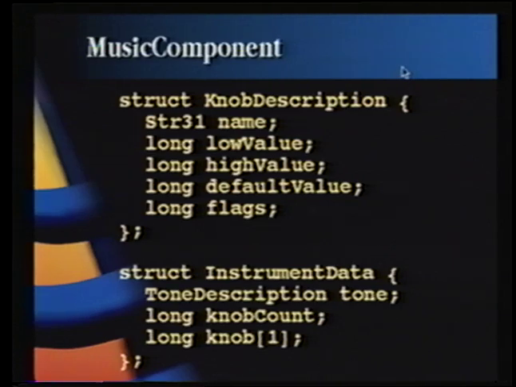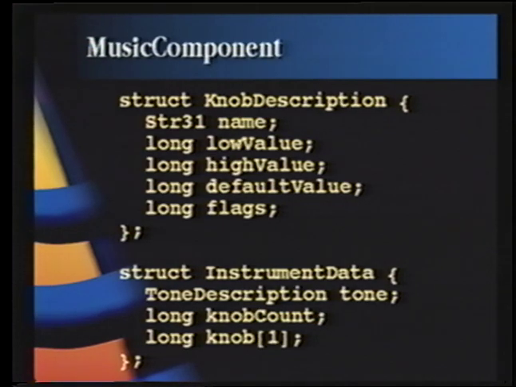Okay, the knob description is for specific parameters on the synthesizer. And you might see this if you're writing a component or if you're querying a component because you want to edit its parameters. And it reports basically the name of the knob and its range, and then some flags that describe whether it should appear as a pop-up menu or as a slider, or if the slider has some units like milliseconds, you can report that.